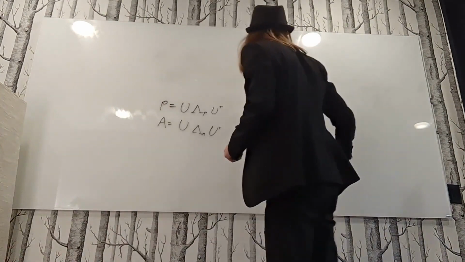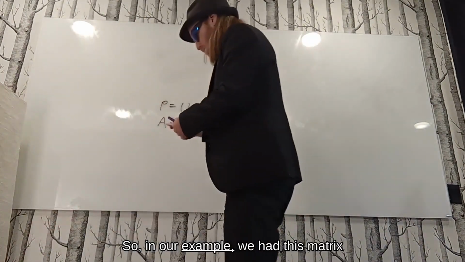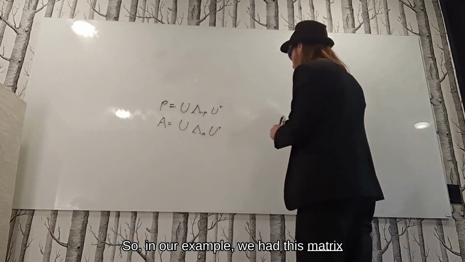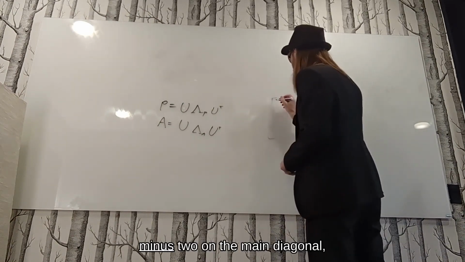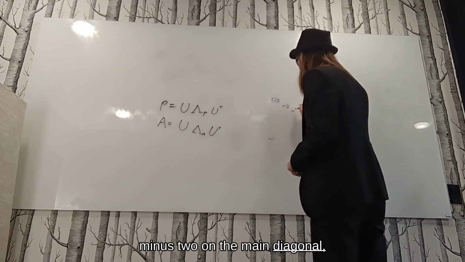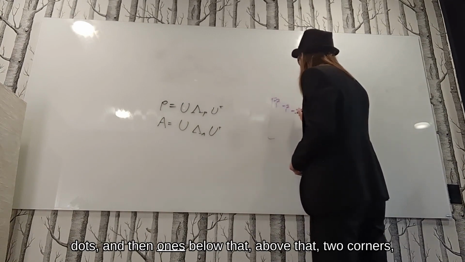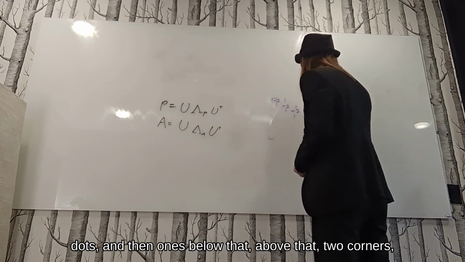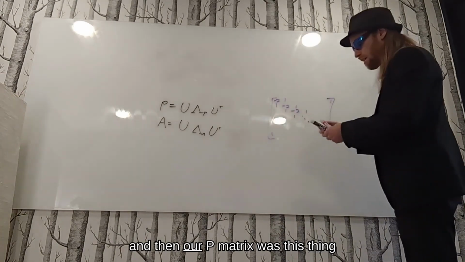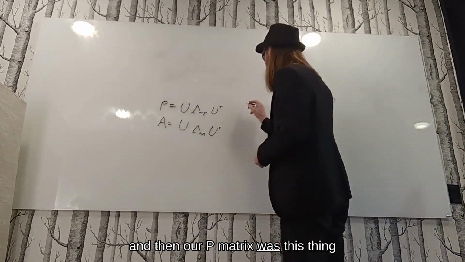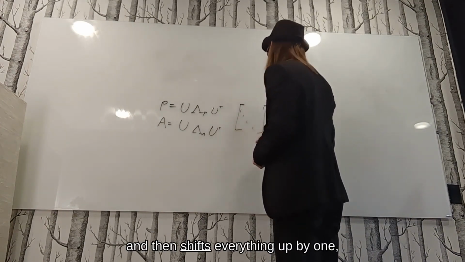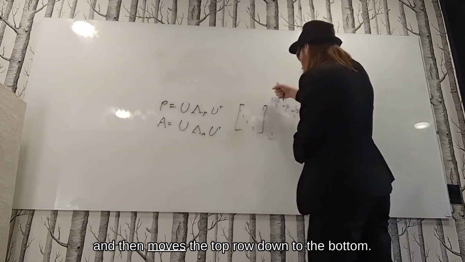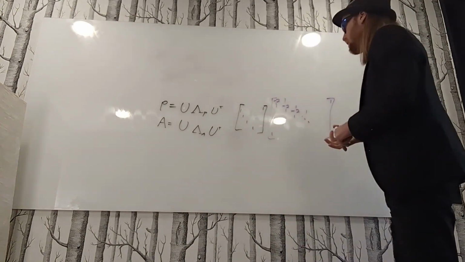Let's go back to our example. In our example, we had this matrix with the three diagonals, -2 on the main diagonal, and then 1s below that, above that, and in two corners. And then our P matrix was this thing that shifts everything down by 1, and then shifts everything up by 1, and then moves the top row down to the bottom.